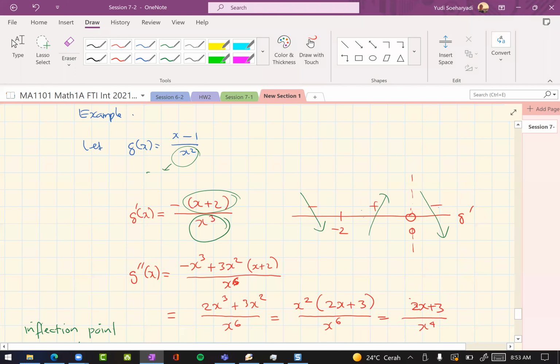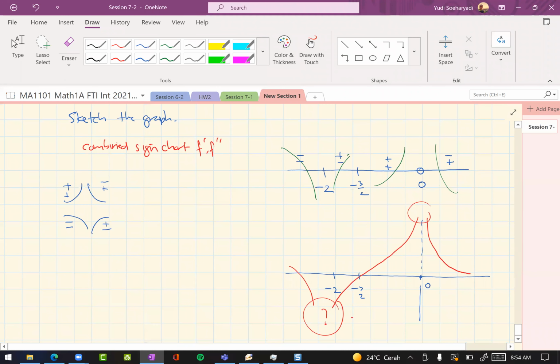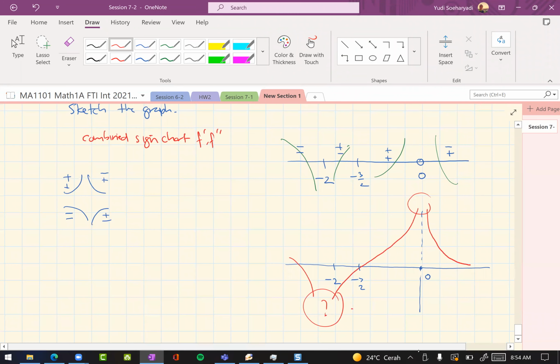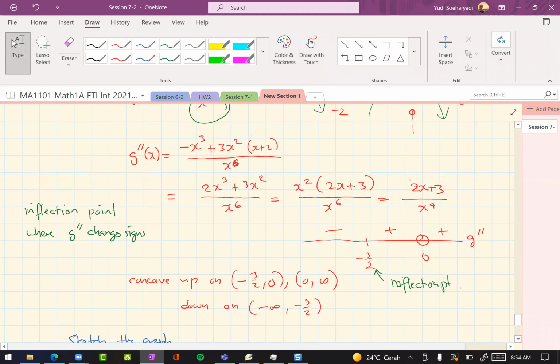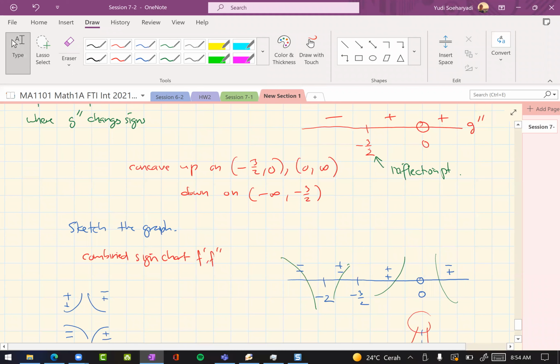Should be something like this. So this shape should be plus plus here. But I missed something here. Well, we'll redo that one later.